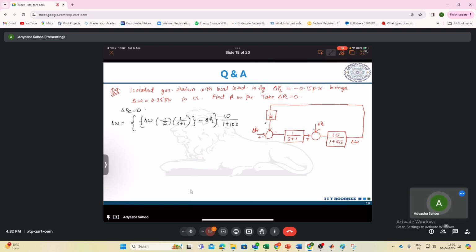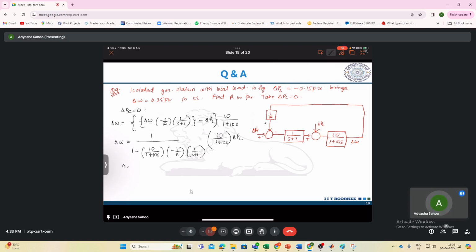So from here delta omega will be 1 by 1 minus 10 by 1 plus 10S into minus 1 by R into 1 by S plus 1, whole multiplied with 10 by 1 plus 10S into delta PL.